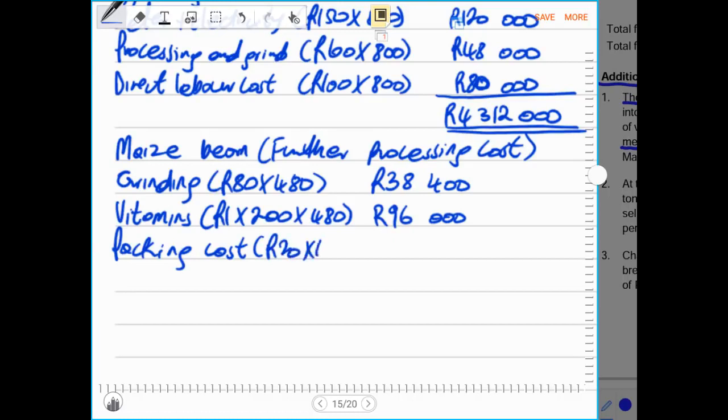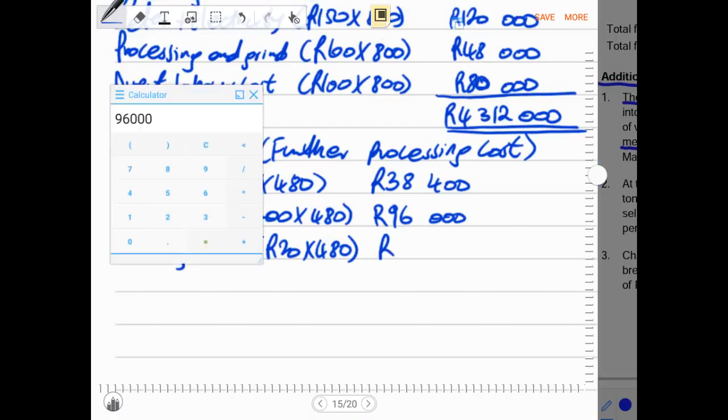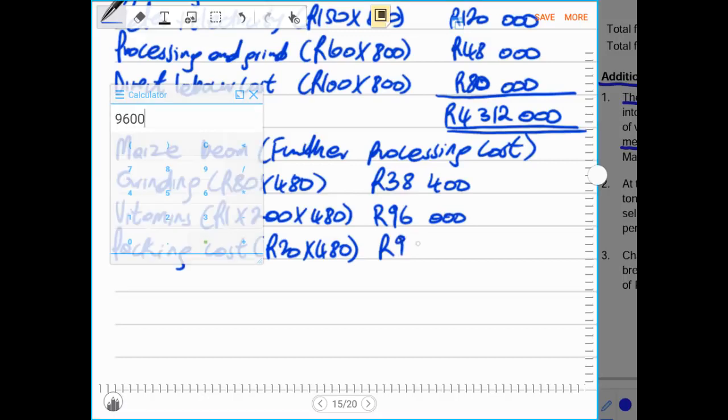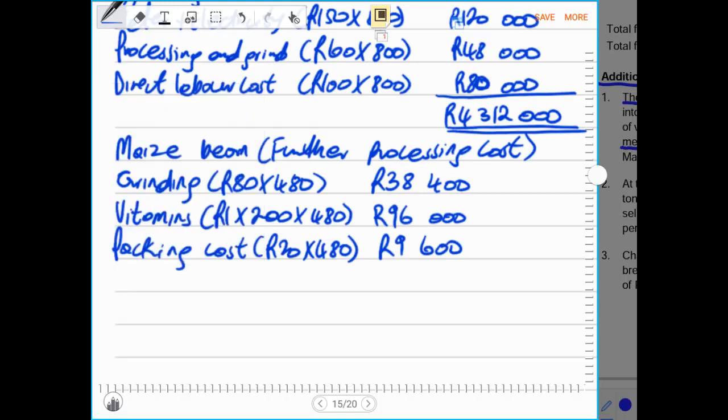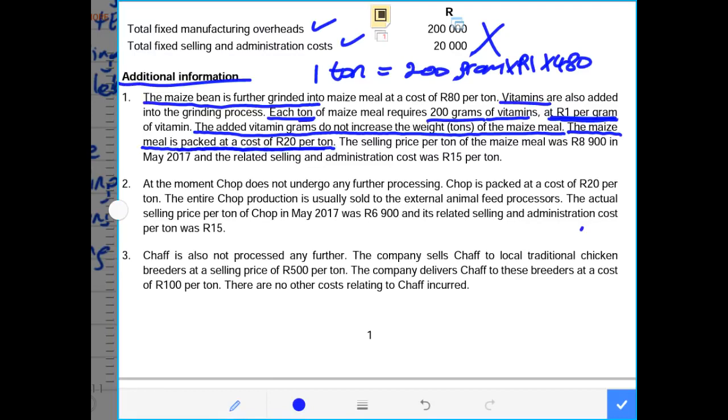It's 20 Rand times the number of tons that were processed. Therefore now it will be 480 tons times 20 Rand, which gives us 9,600 rands. So now this will be the packing cost. Remember, we are calculating the further processing cost.